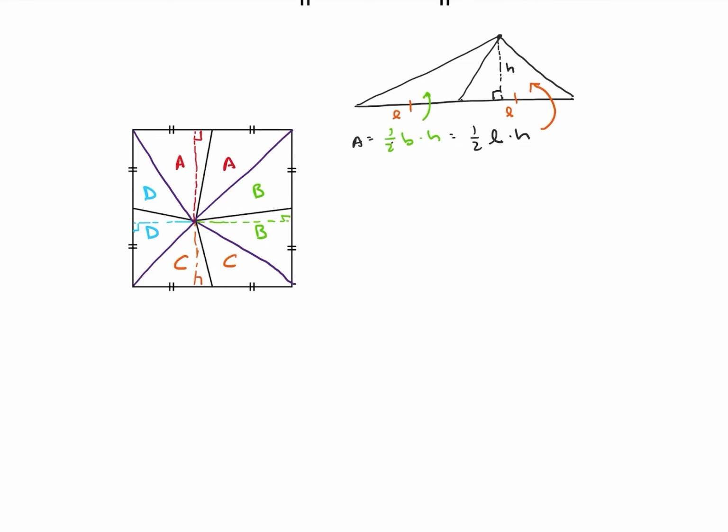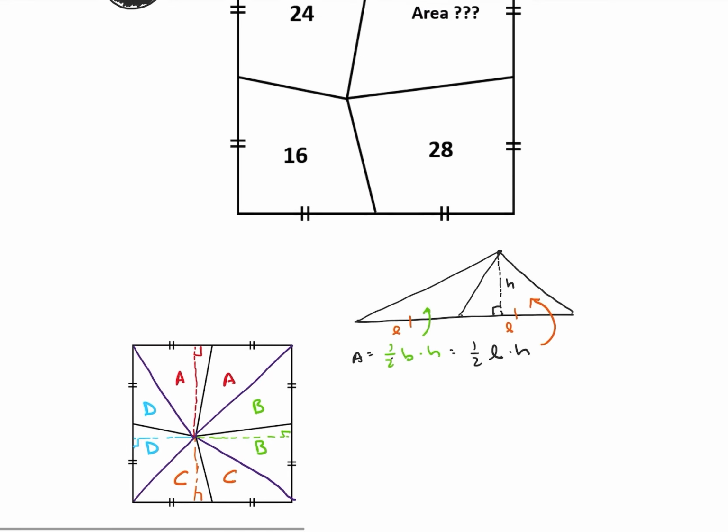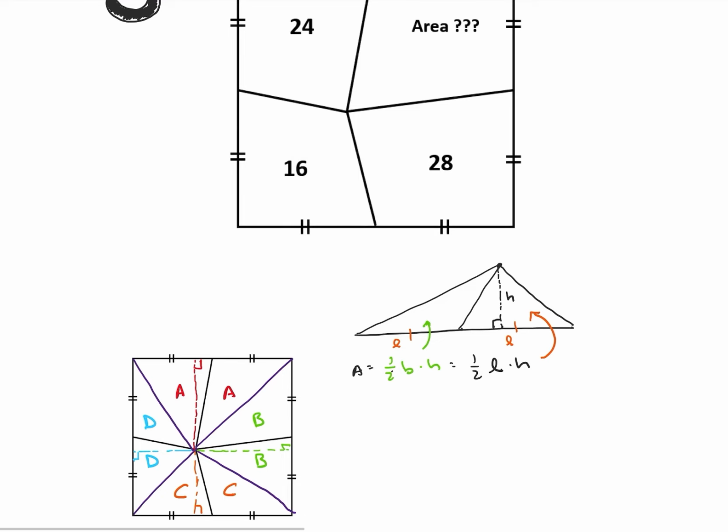So the next thing we're going to recognize is we have some known values. In our picture up here, I know that this region down here that says 16, that's C plus D, and that's equal to 16. So C plus D is equal to 16.